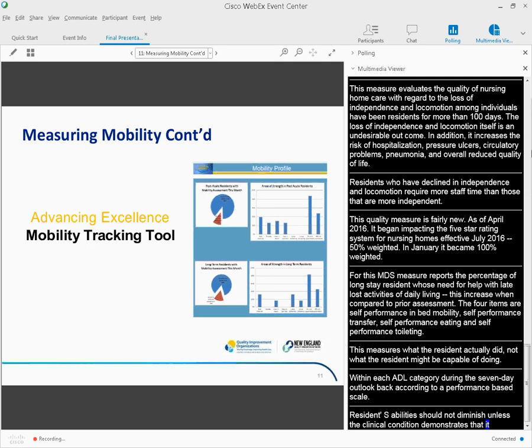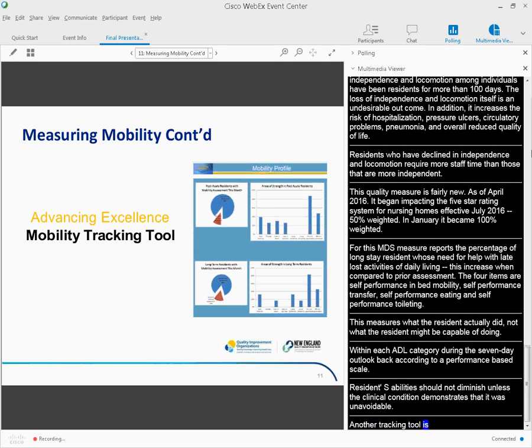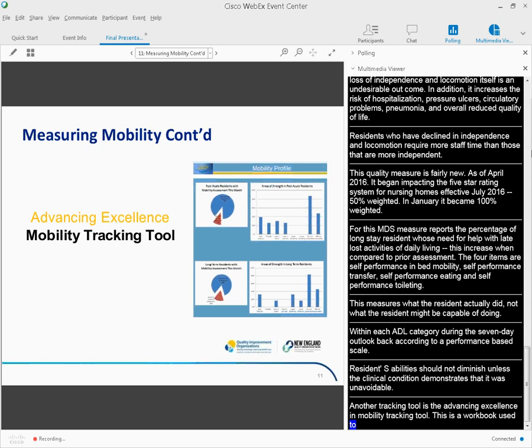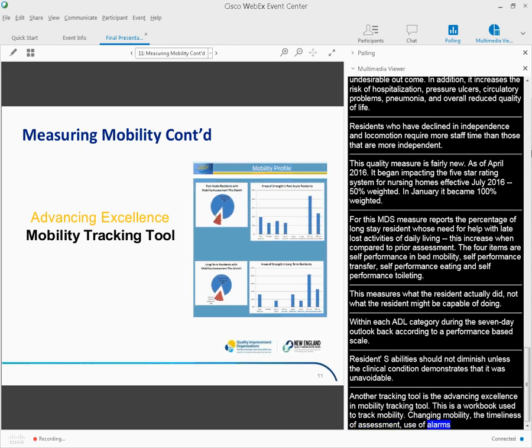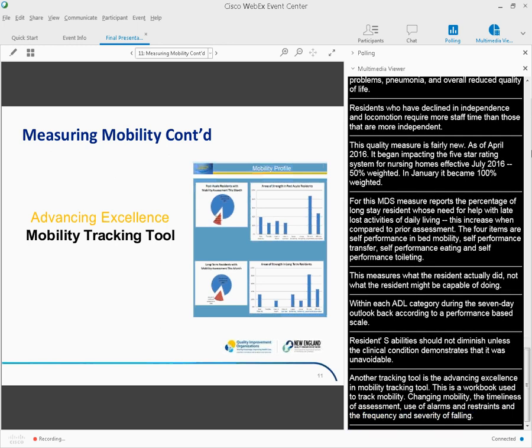Another tracking tool is the Advancing Excellence Mobility Tracking Tool. This tracking tool is an Excel workbook that you can use to track your resident's mobility, change in mobility, the timeliness of assessments, use of alarms and restraints, and the frequency and severity of falls. Your data will produce charts that help you identify patterns and track processes.